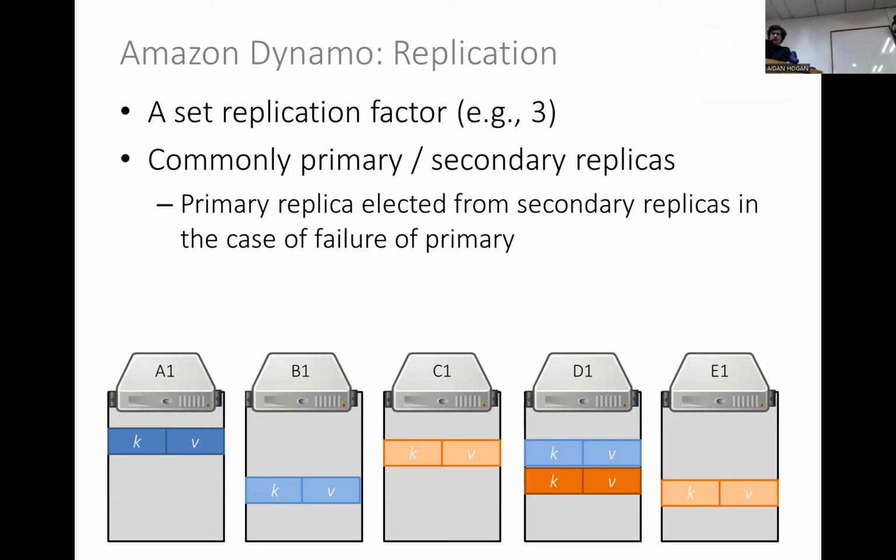Commonly there would be primary and secondary replicas. It means basically that we have one copy of the data that's in control of the changes to that part of the map, and the primary replica can be elected from secondary replicas in the case of failure of the primary. Okay.